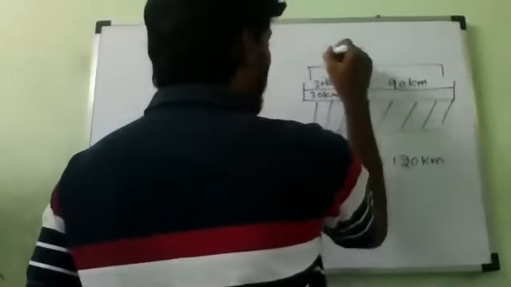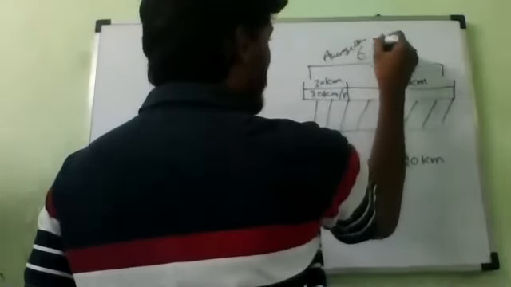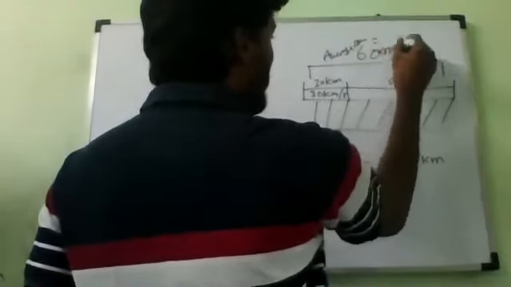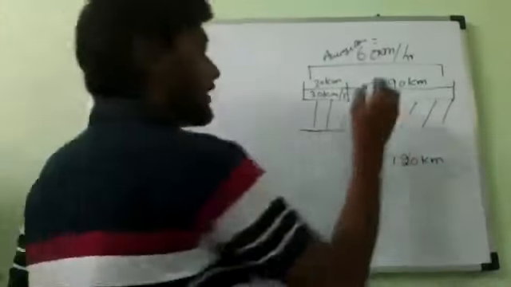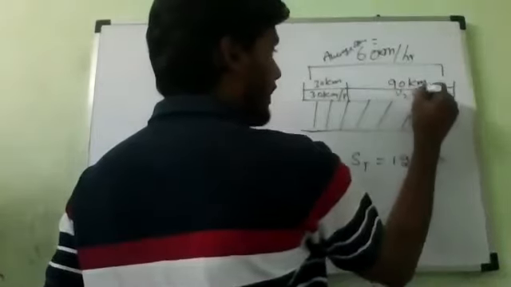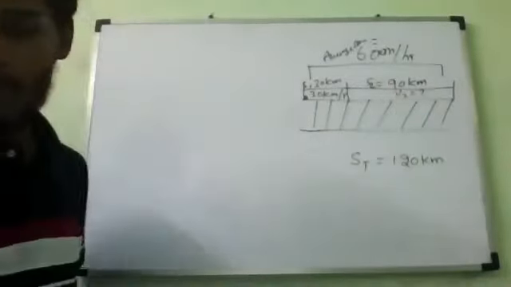They are asking for speed here. I have given the average speed, which is 60 kilometer per hour. They are asking for V2. V1 you know, S1 you know, S2 you know, and we should find V2. Do you understand or not?